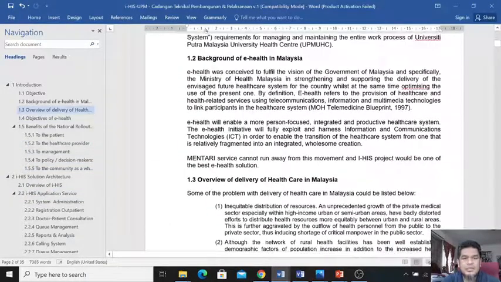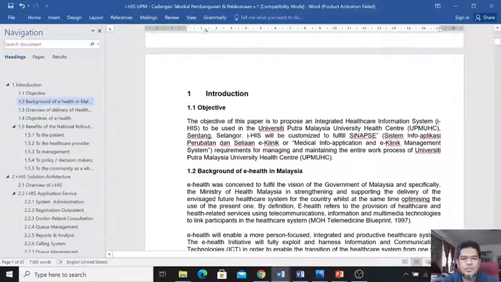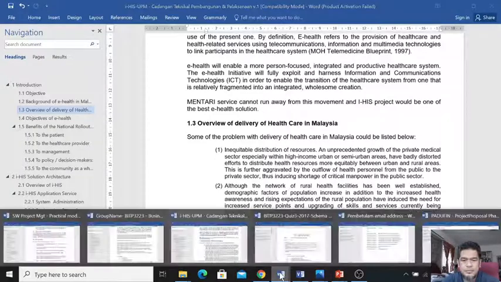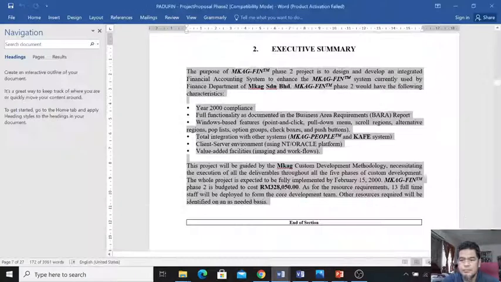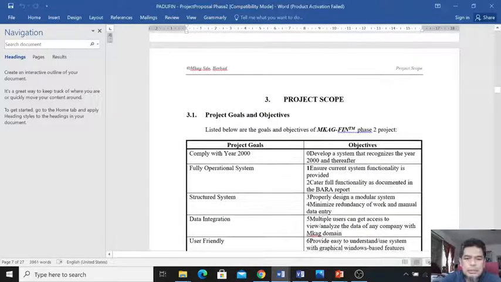This is a sample of a business or project proposal that I expect you to write for your assignment. This is a very simple project proposal.